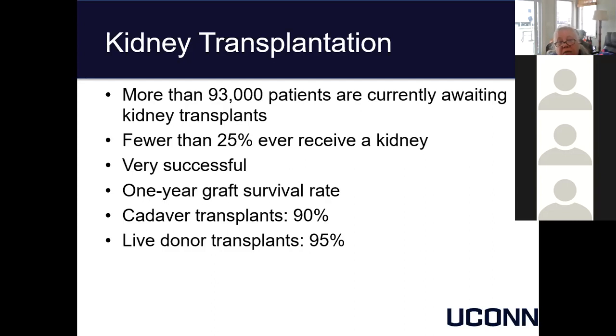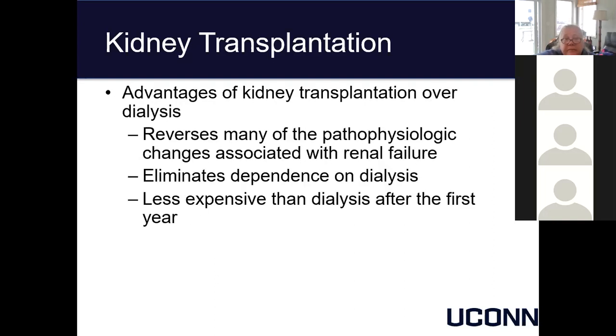The 1-year survival rate on kidney transplants, even with a cadaver kidney, is 90%, and with live donor transplants, it's 95%. So again, this has been a very successful, very effective therapy for patients with end-stage renal disease.